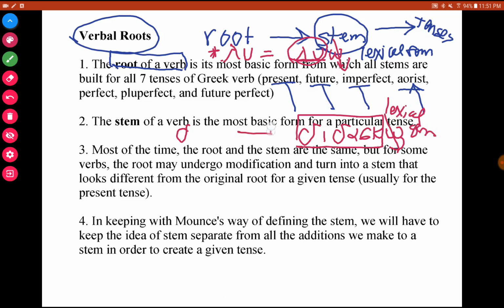It actually has a verbal root, didag or didak, and I'm going to use this square root mathematical sign as a shorthand for a verbal root. It actually has a verbal root that is prior to the formation of the lexical form. So you actually begin with the verbal root and it changes into this lexical form for the present tense.